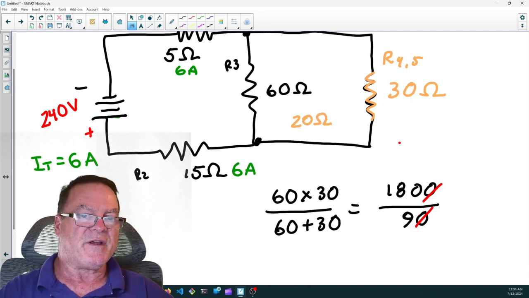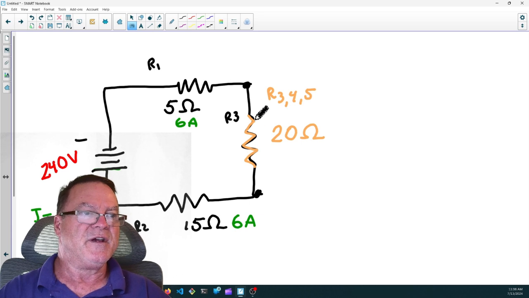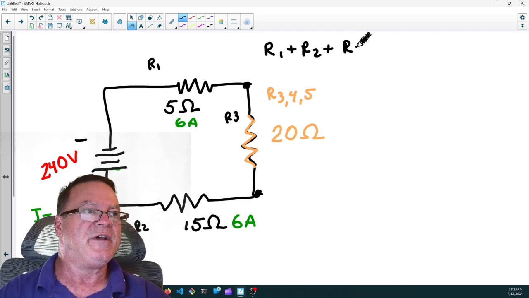Let's go to the next page. And here you'll see we have the equivalent resistor of 20 ohms, R3, 4, 5. Now we have a simple series circuit with R1, R3, 4, 5, and R2. So we're going to add those together. R1 plus R2 plus R3, 4, 5.